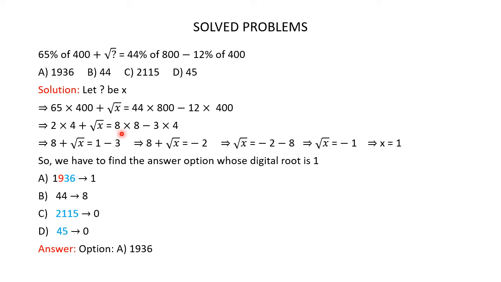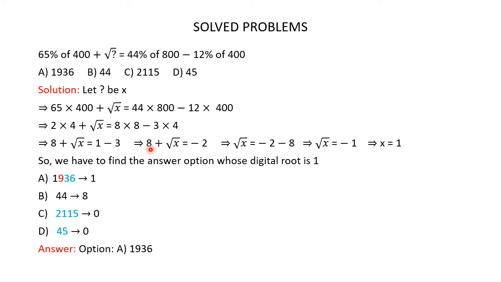So the digital root here is 1, minus 3 multiplied by 4 is 12, and 1 plus 2 is 3. So the digital root here is 3. So now you have 8 plus square root of x is equal to 1 minus 3. 1 minus 3 is minus 2.